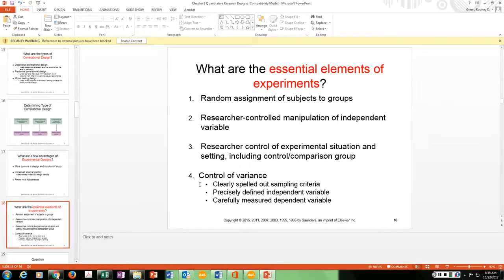To control variance, you clearly spell out the sampling criteria. Who can be in the study? Precisely define the independent variable and carefully measure the dependent variable.